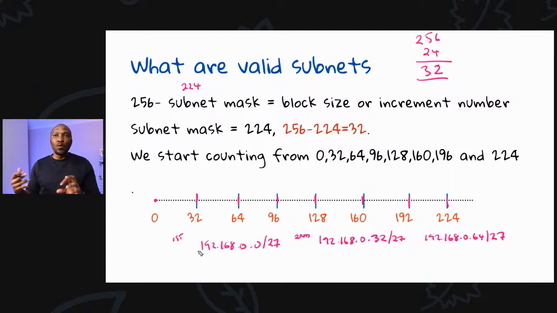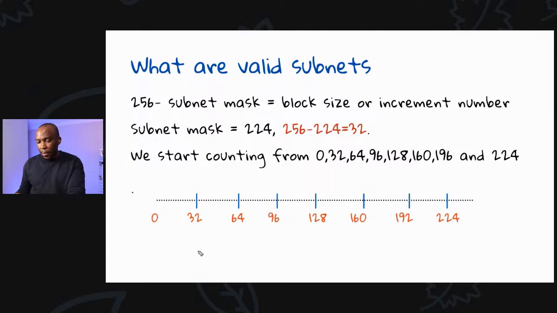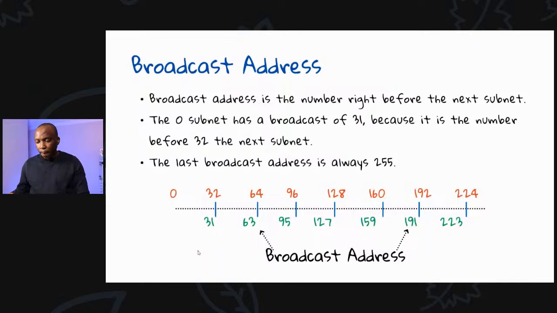Now we need to know what are the valid hosts in each particular subnet. The fourth part is the broadcast address, right? The broadcast address is the number before the next subnet.